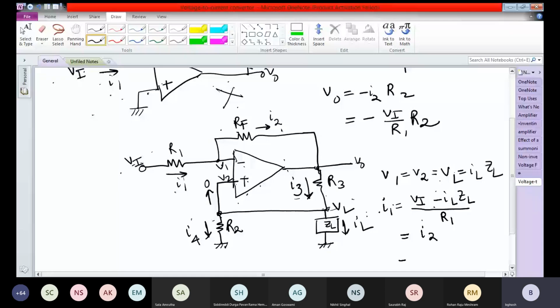And what is I2? I2 is V1, that is ILZL, minus V0 by RF.